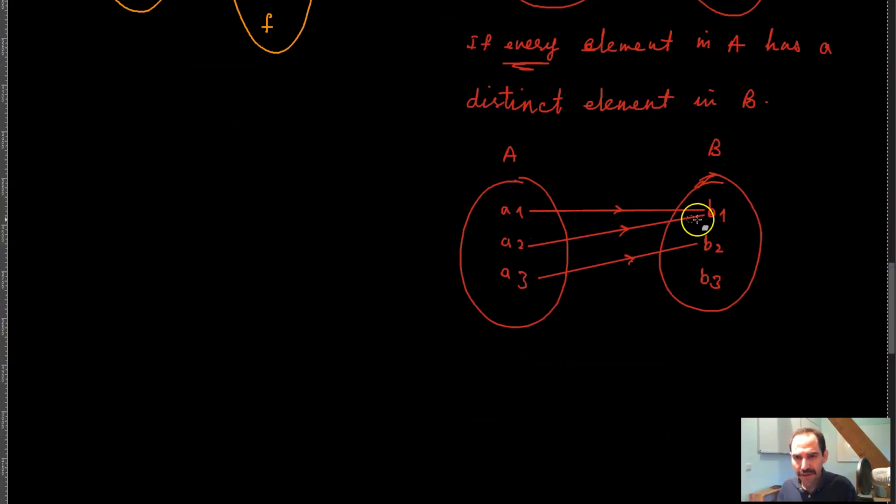Every element here has, again, a distinct image in B. But suppose that you had some situation like this. I did make a mistake here.